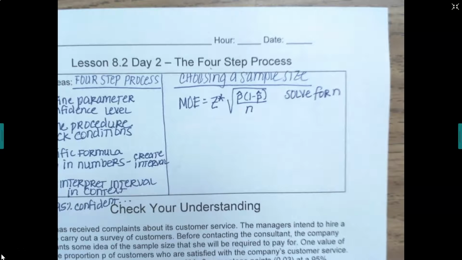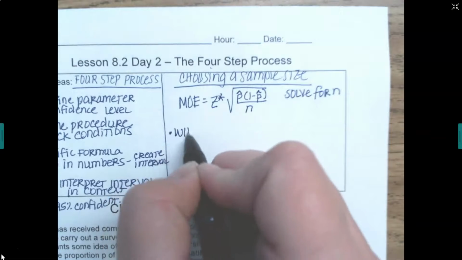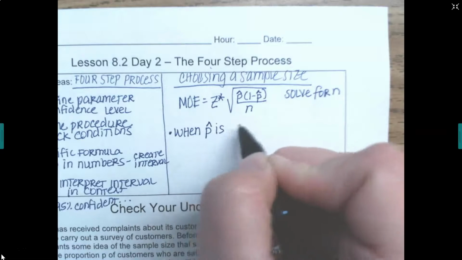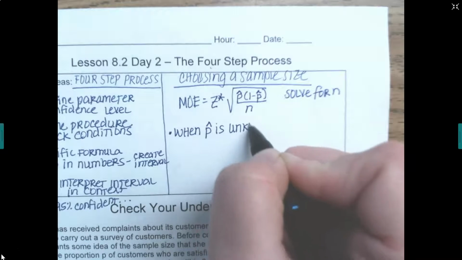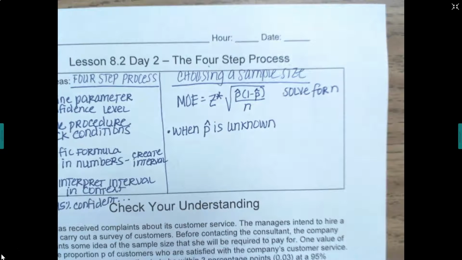So for proportions, when your p-hat is unknown, because you haven't collected the data yet, that's the whole idea behind this, is you want to know how many people you have to talk to get a particular margin of error, okay? And so you haven't talked to anybody yet, so you don't know the p-hat.